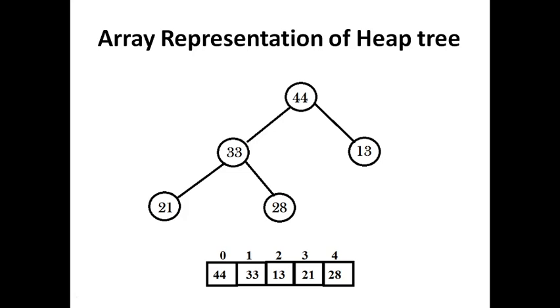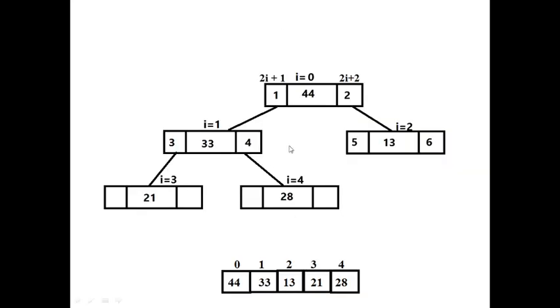When you want to represent this heap tree through an array, this is how it is done. Index 0 contains 44, index 1 contains its left child, and index 2 contains its right child. We just have to follow the formula 2i plus 1, 2i plus 2. To make it better, I have constructed this tree.